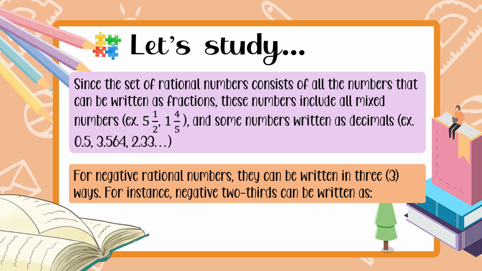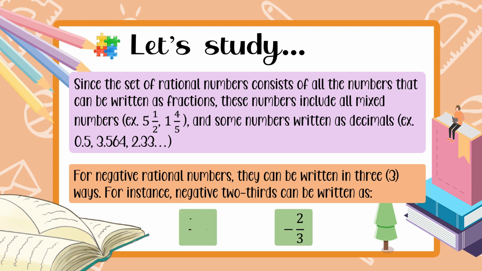For negative rational numbers, they can be written in 3 ways. For instance, negative 2/3 can be written by putting the negative sign sa gitna, sa tapat ng fraction bar, then writing 2/3.